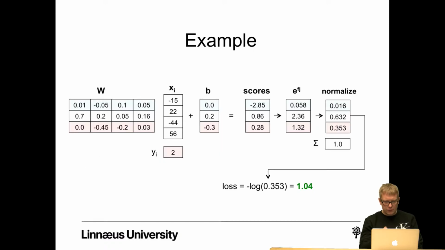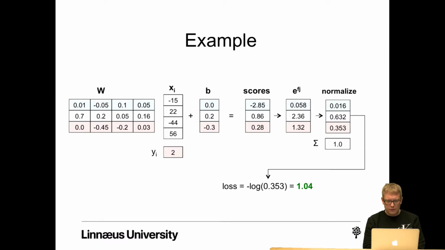So if we go back to our example, we have a set of weights in the weight matrix, and we have an input example with attributes, and the correct class is 2. And we have a bias vector. We calculate the scores vector, and then we take each score and calculate e raised to the score value, and we get a new vector with values 0.058, 2.36, and 1.32.